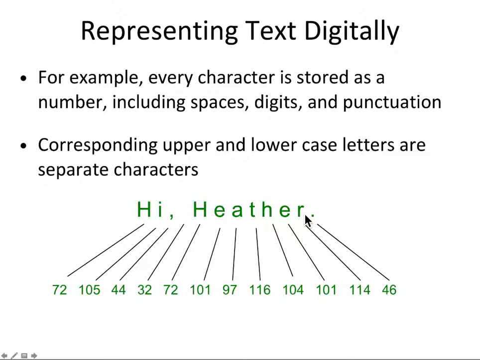So let's say we've got text, like, "Hi, Heather." How are we going to represent that digitally? Well, we encode the information by assigning each letter, each character, its own number. So as you can see, for example, capital H is assigned the value of 72, whereas lowercase h is assigned the value of 104. There's a number of different encoding schemes for text.